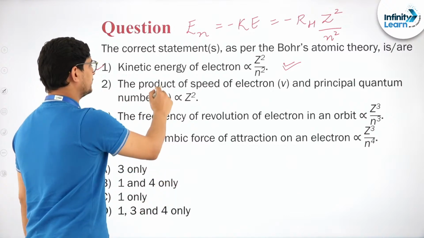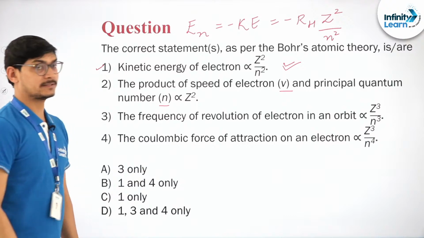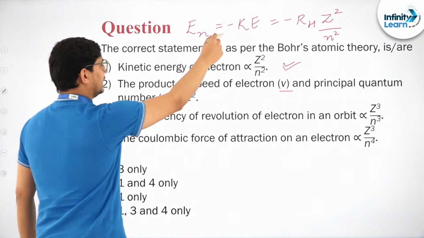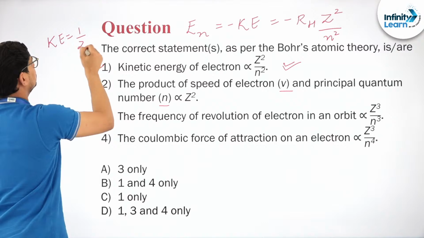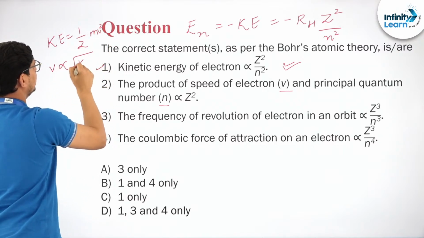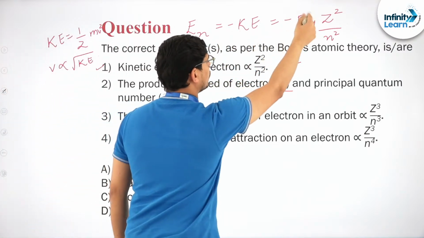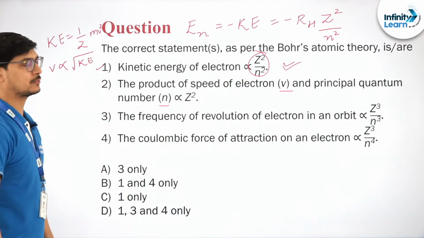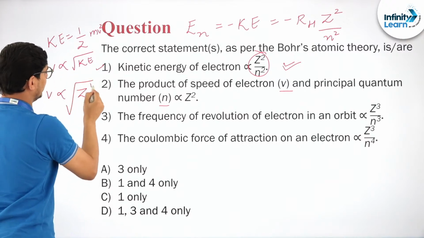Second, the product of speed of electron v and principal quantum number n is proportional to z square. Let's verify that. Kinetic energy is equal to half mv square, so velocity will be proportional to the square root of kinetic energy. Very simple, right? Now kinetic energy is proportional to z square by n square, so velocity will be proportional to z by n.